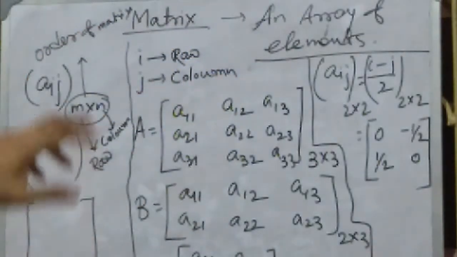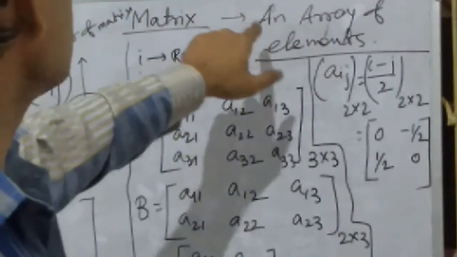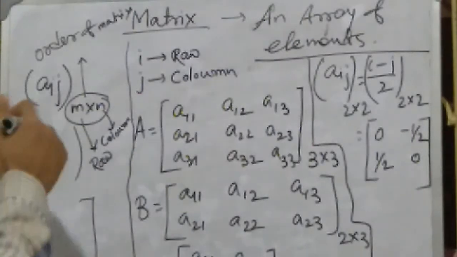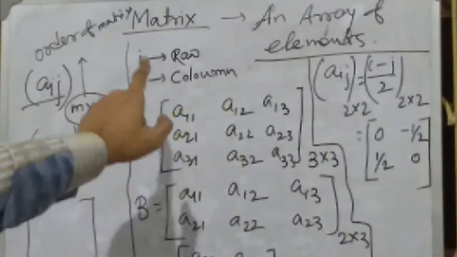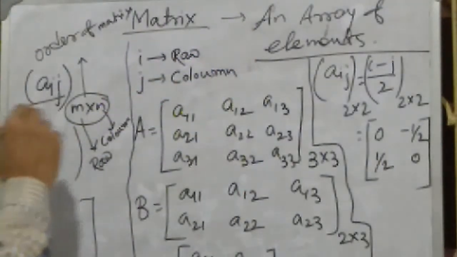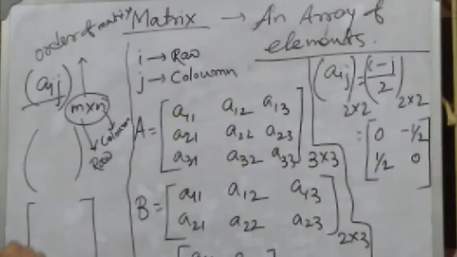Now what is a matrix? A matrix as a whole is an array of elements. A matrix is generally written as Aij, where i is the row and j is the column, and we represent a matrix using round brackets or square brackets.